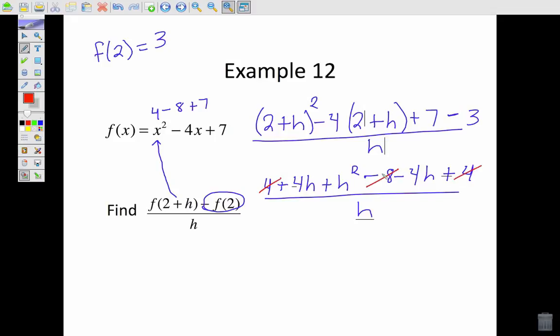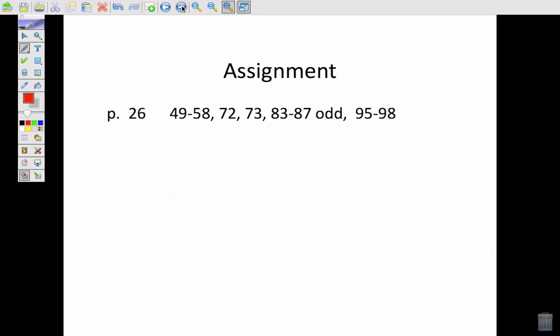This is still all over h, so now let's simplify. Cross out some parts. 4 plus 4 is 8, and then the minus 8, they all go to 0. 4h and negative 4h go to 0, so we're left with h squared over h. We can divide that and get just h as long as h does not equal 0. So we have to pay close attention to the domain here. And that is your difference quotient.